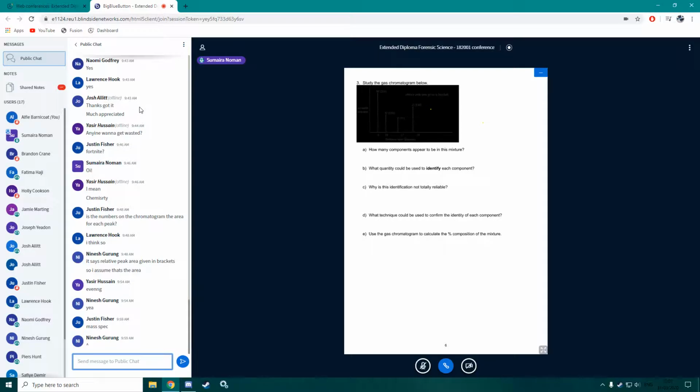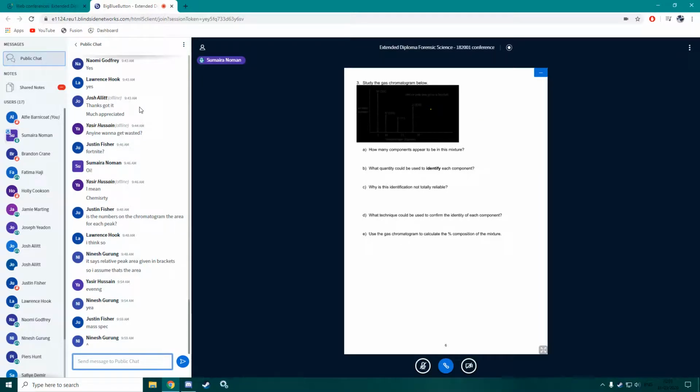So I'm just going to add a label to that. I should write sum of compositions, let me use the proper technical term, sum of peak area. Yep, there we are.